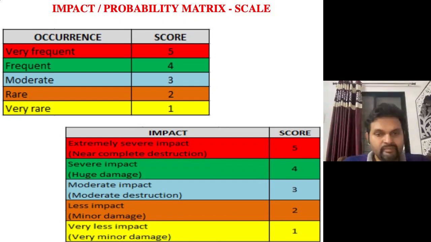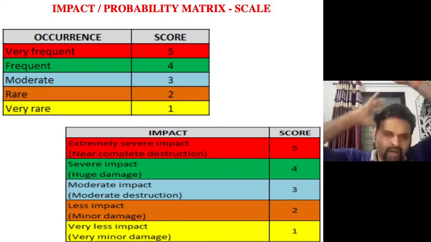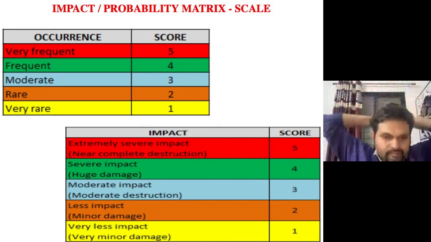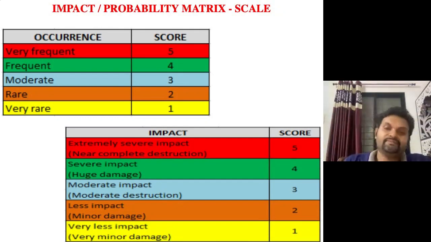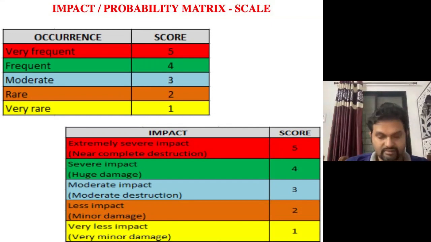What is the probability? You can put it into the chat. Rare. Okay. Anyone else? 4. Frequent. Talk about this particular project.